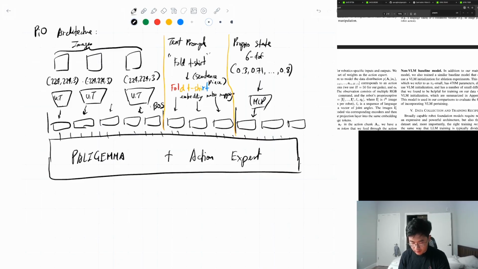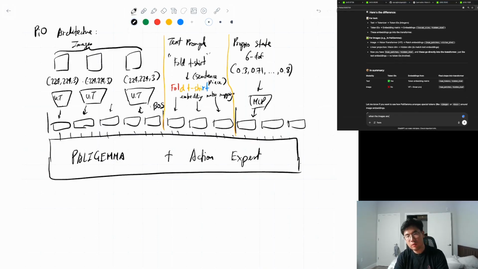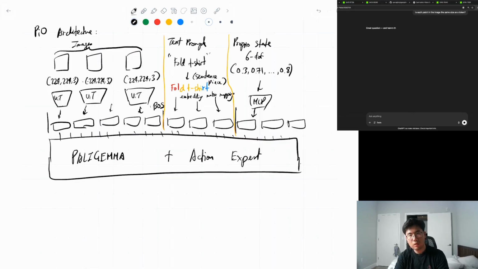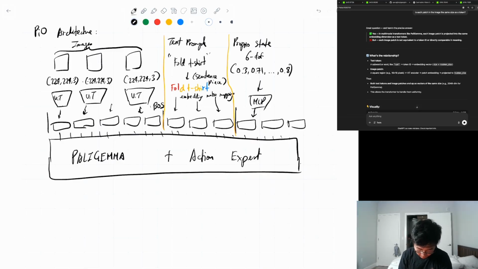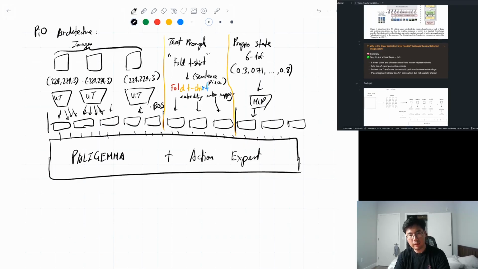Now, the question is still, when the images are encoded, is each patch in the image the same as a token? Yes, each patch is like a token.